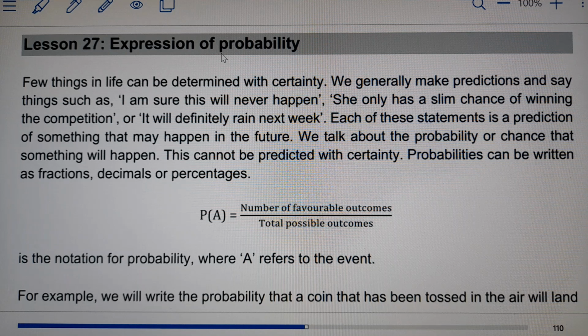Before we just go and learn how to calculate probability, we need to know how do we express probability. Few things in life can be determined with certainty. We know that definitely for sure they will happen. Certainty means you are sure that something will happen, but it's only few things that we are definitely sure or certain will happen.